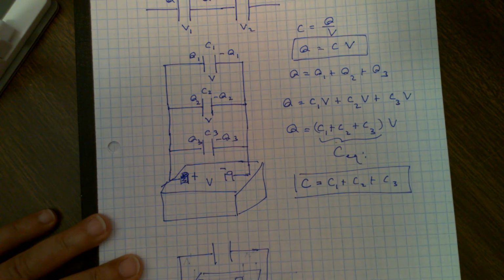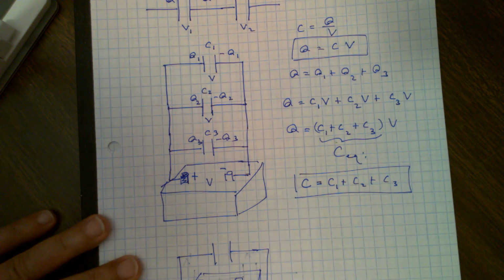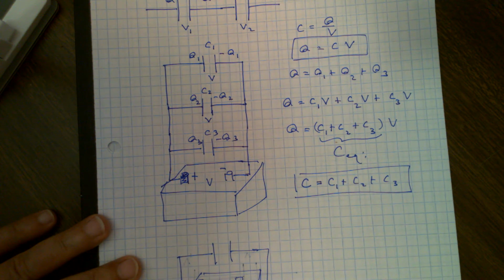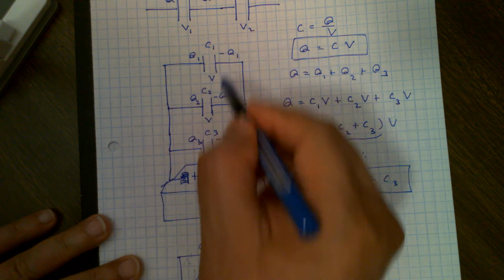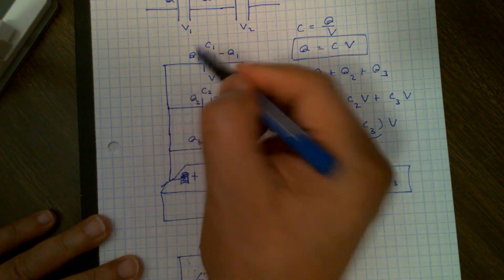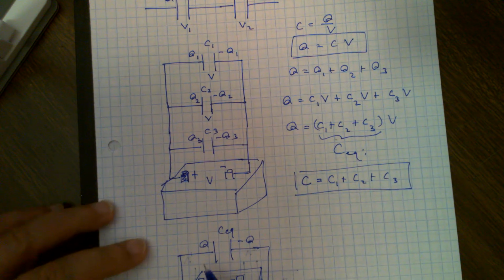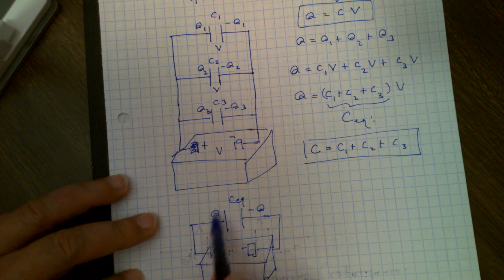This is my battery. In the future we'll just write battery with 2 lines, but right now I'm drawing all the nodes and stuff like that. So this is positive, this is negative, this is C equivalent, this is total Q, and this is negative total Q. Q is equal to CV, so that will be negative V. So the effect of having these 3 capacitors in parallel like this is the same as having one capacitor like this, right?